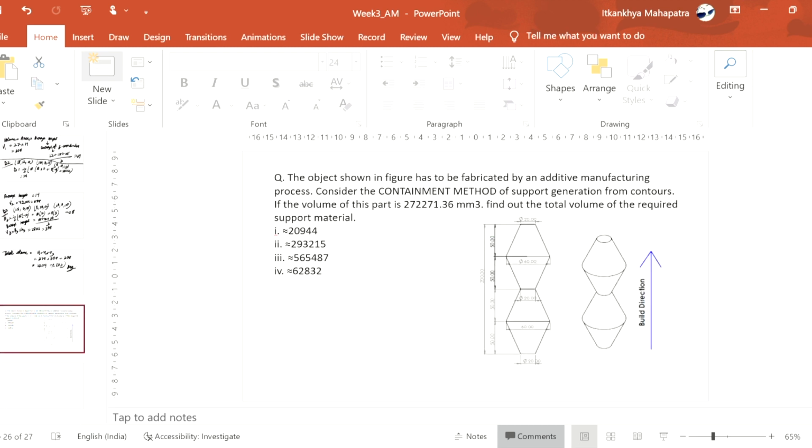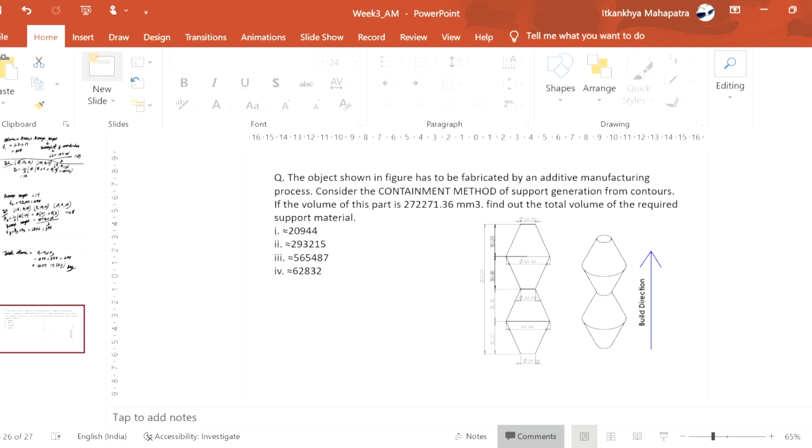So now the next question. Now here we have been shown an object in which we have to find out the containment method of support generation from contours. That means we have to find the support plus object first. Then from that we can find out the supports.